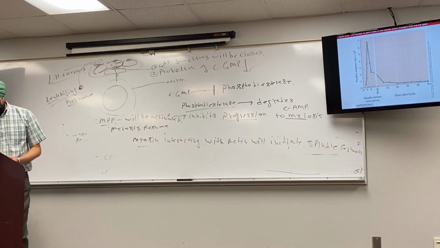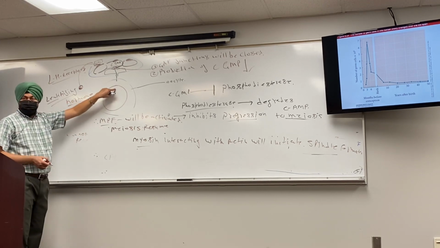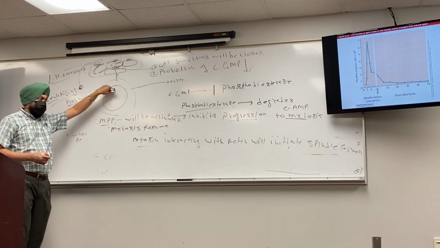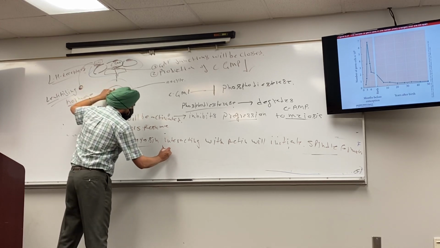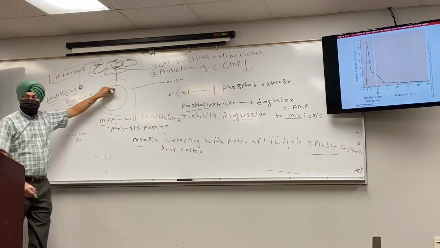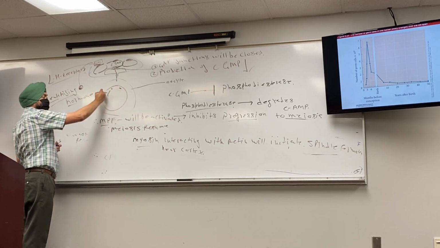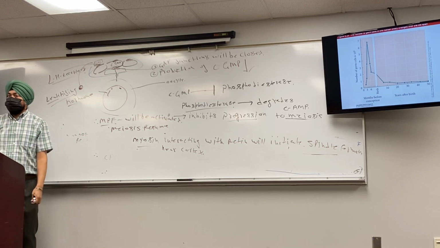And spindle formation will be near the cortex, not in the center. So spindle formation is going to take place right here near the cortex. Because remember, this is the cortical side of that, right?